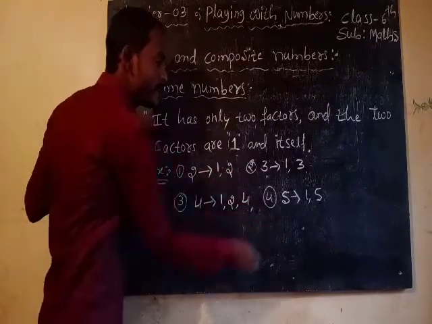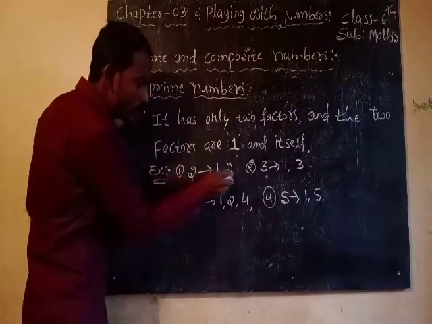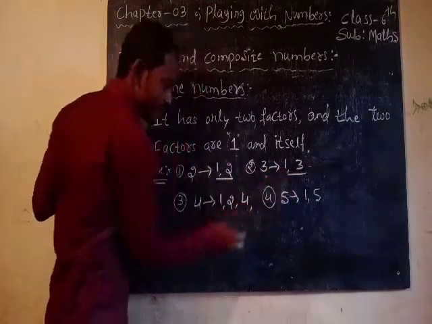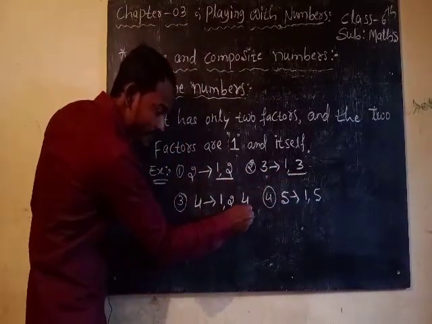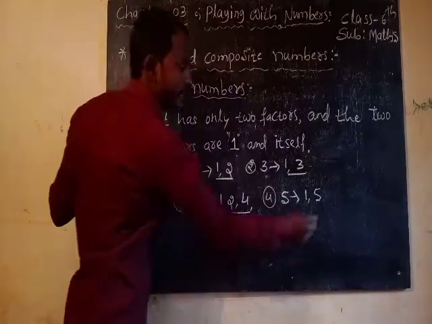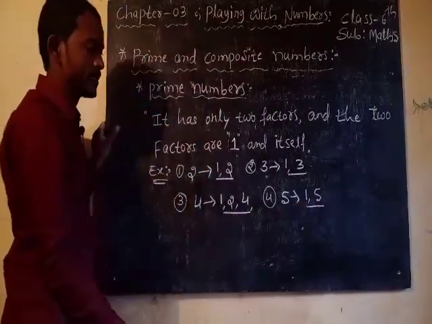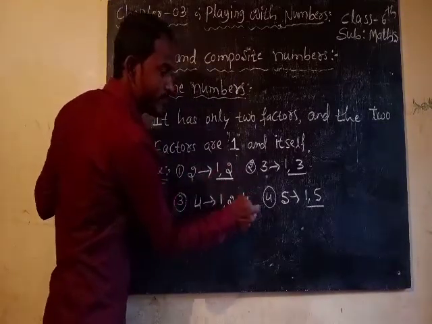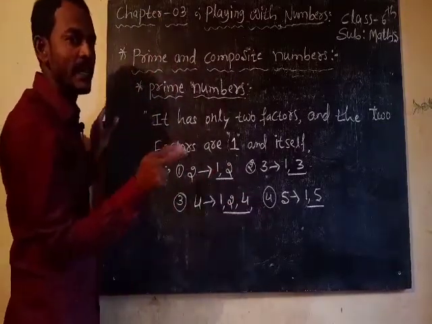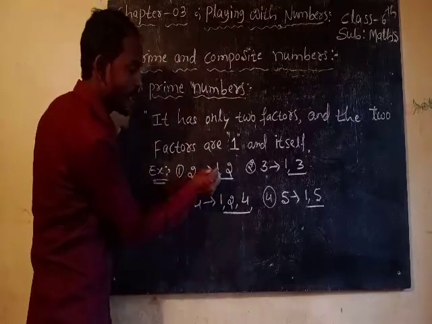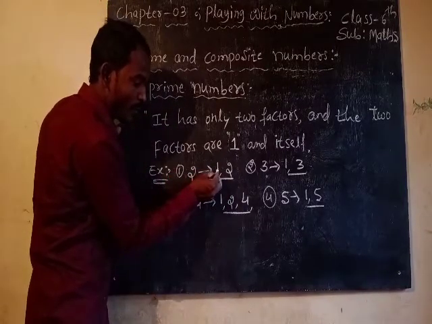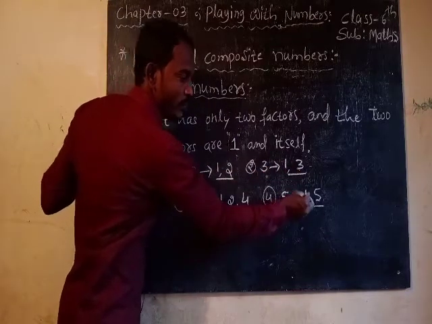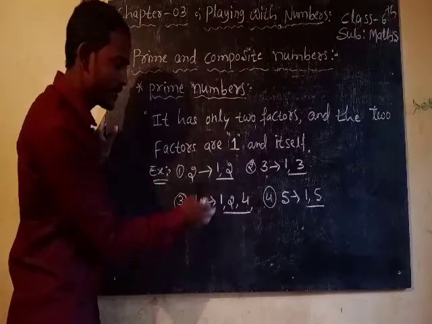In these 4 examples, the first one is 2. 2 has only 2 factors, and 3 has only 2 factors. 4 has 3 factors, and 5 has 2 factors. So observe: 2, 3 and 5 have only 2 factors, and those 2 factors are 1 and itself.